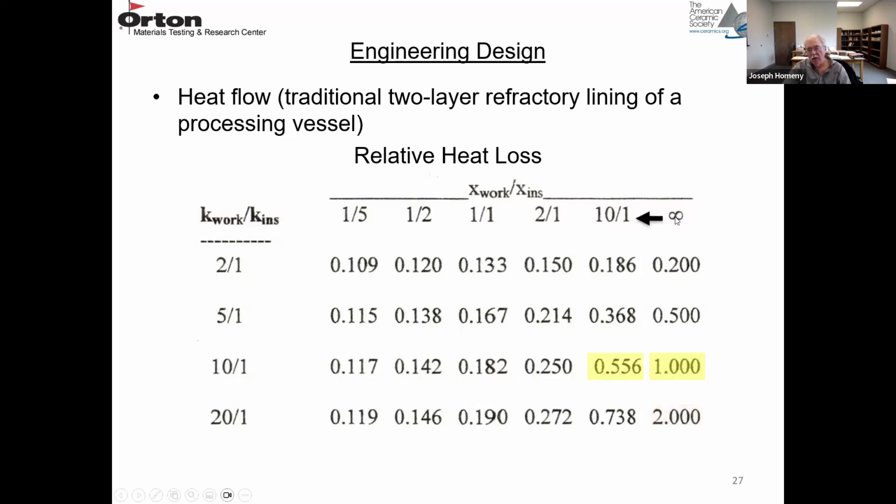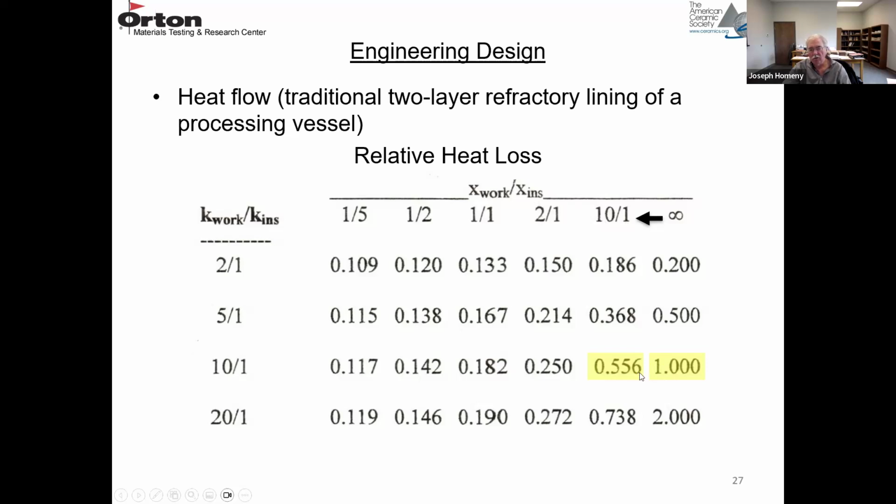And then if you go from a situation where there's no insulation to just 10-to-1, so 10-to-1 is the thickness of the working to the insulation lining, so it's primarily a working lining, but just putting a small amount of insulation in the 10-to-1 ratio, you go from 1 to almost a half, 0.556.